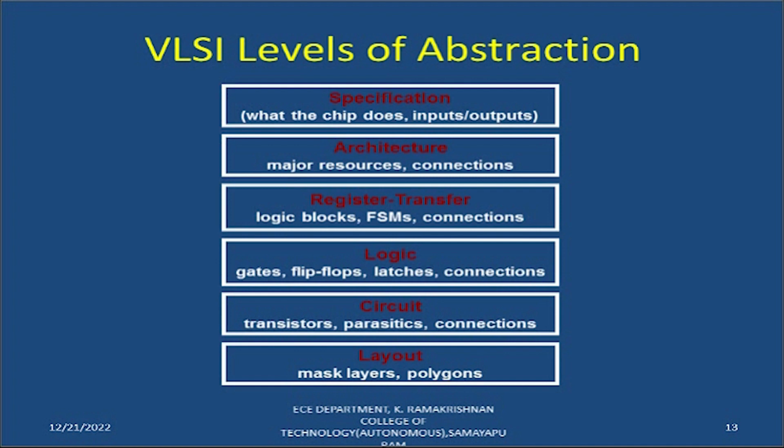So in the register transfer level we convert the architecture into various languages, or else into logic blocks, finite state machines, or connections. That register transfer level description is then converted into various gates, flip-flops and latches, or connectivity, which is called the logic.